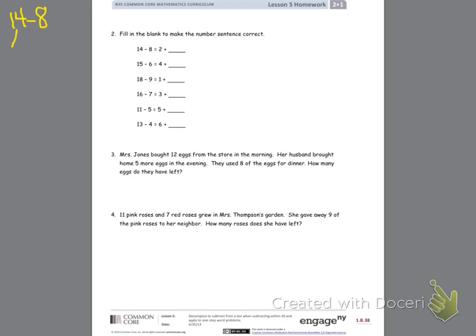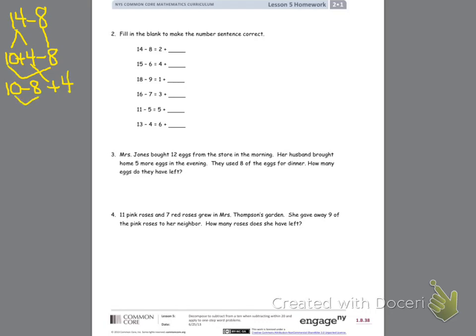So I'll decompose 14 and say 10 plus 4. I'll remember to bring down the minus 8. Again, I'm not going to circle 4 minus 8, but I can go ahead and do 10 minus 8 and bring down my plus 4.